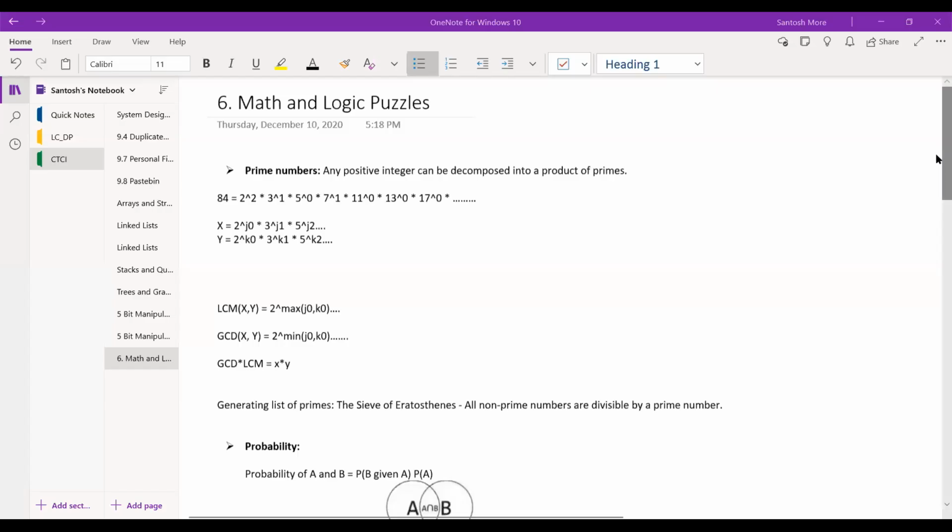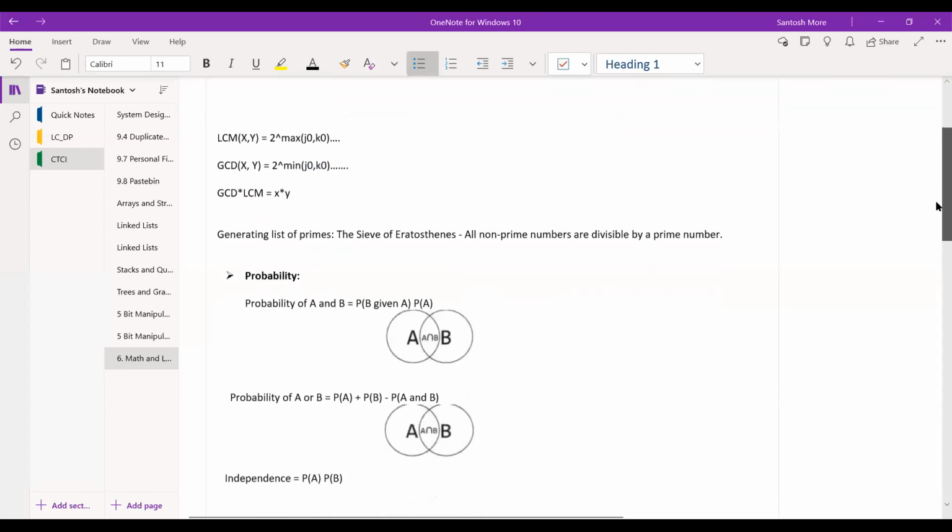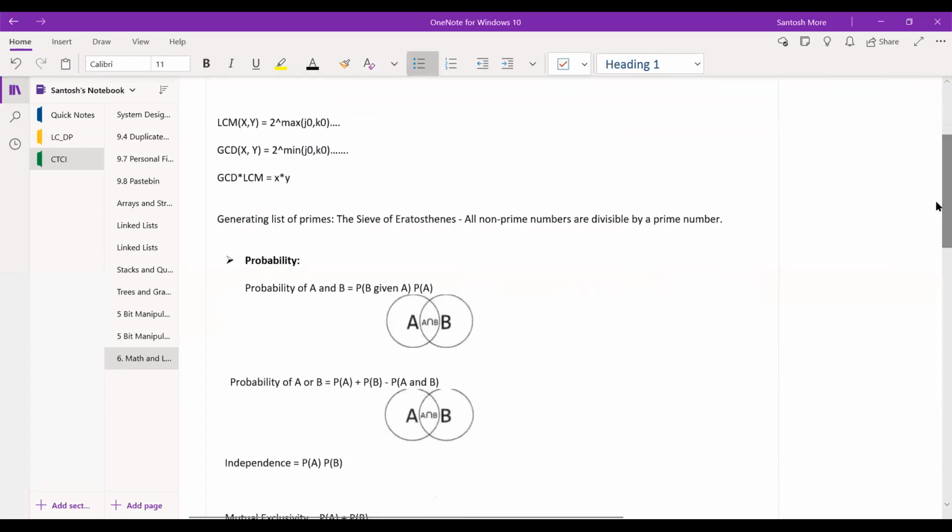So let me move on to one of the next topics, and I think these are very simple ones. Now it talks about probability. It can be a very complex topic, but let's go through some of the basic rules or laws of it.